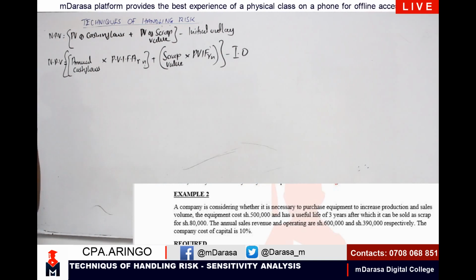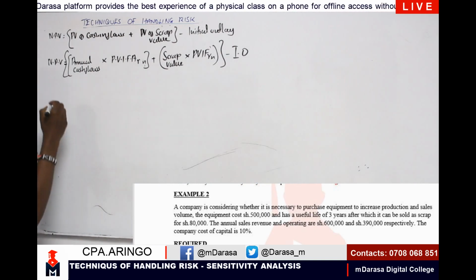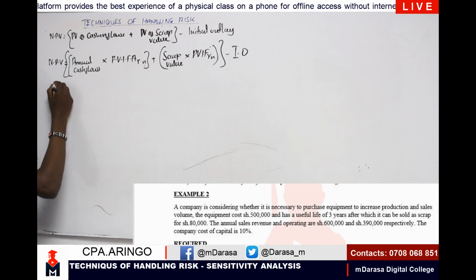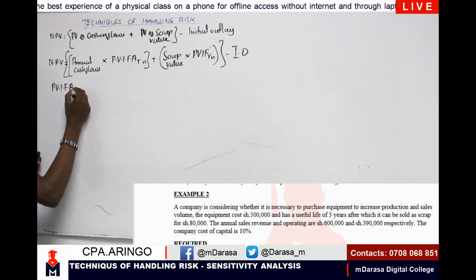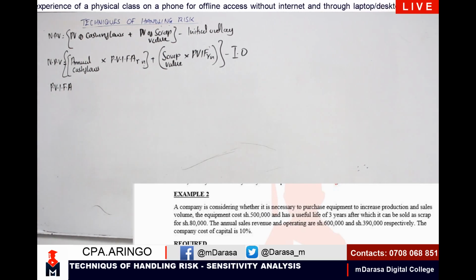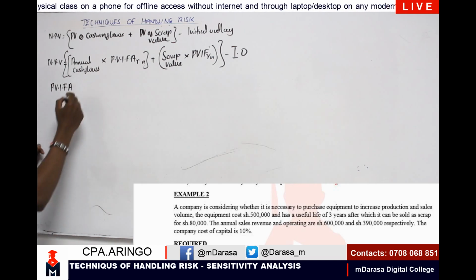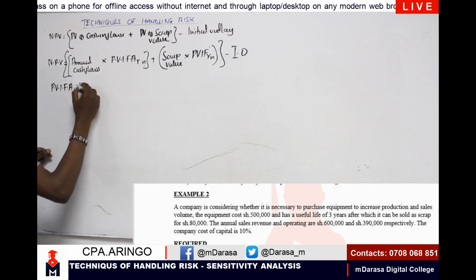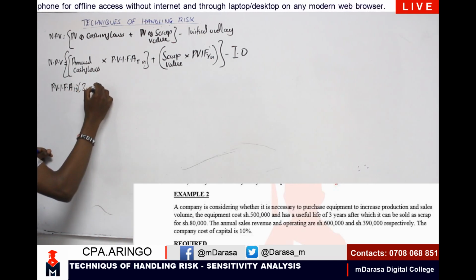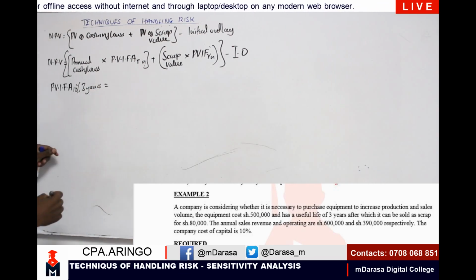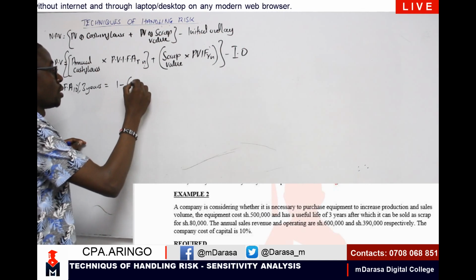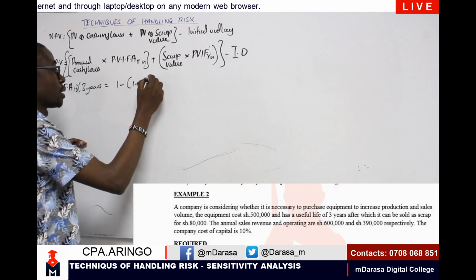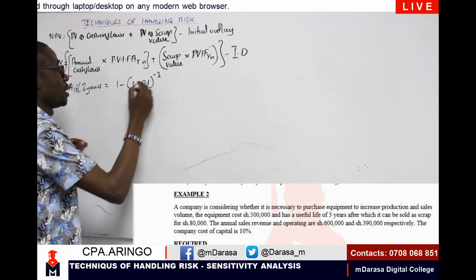Now, the other item here will be, let us determine our present value interest factor annuity. Given what rate? Look at our question. We are given a rate of 10%, 3 years. What should we be having? 1 minus 1 plus 0.1 raised to negative 3.